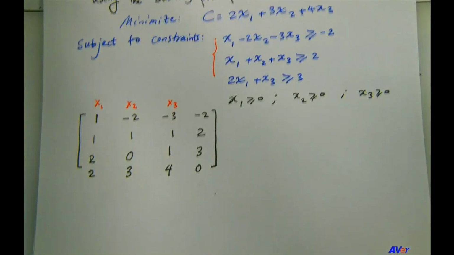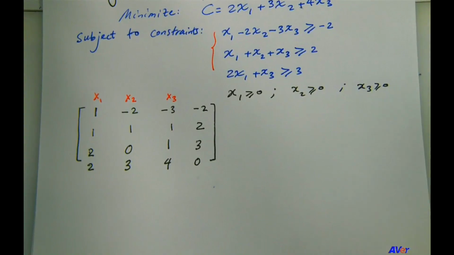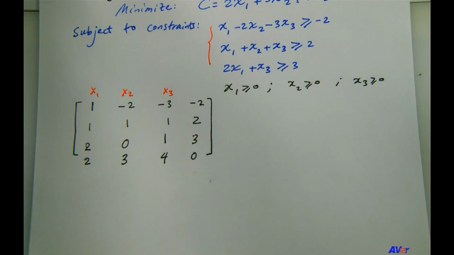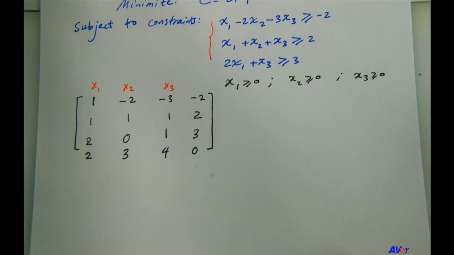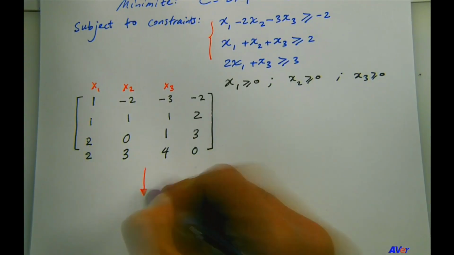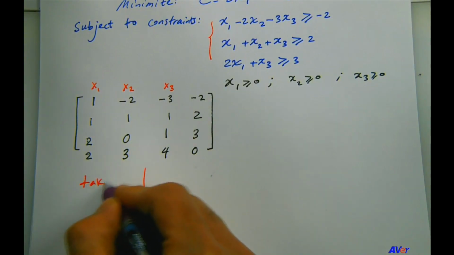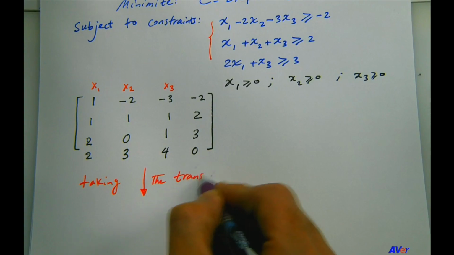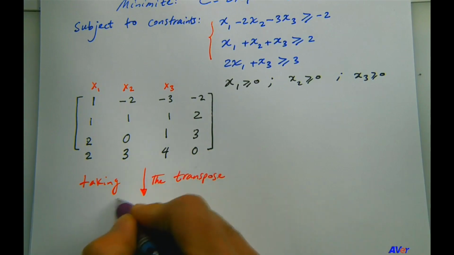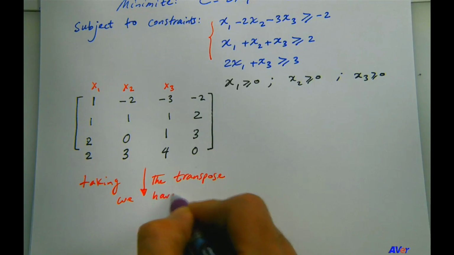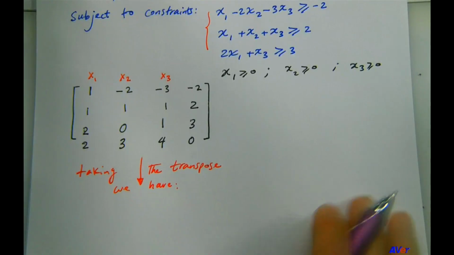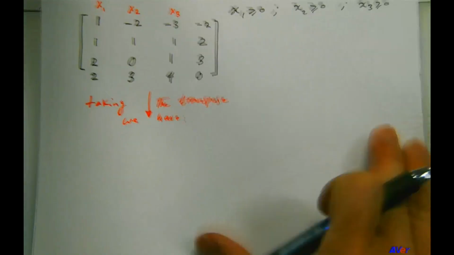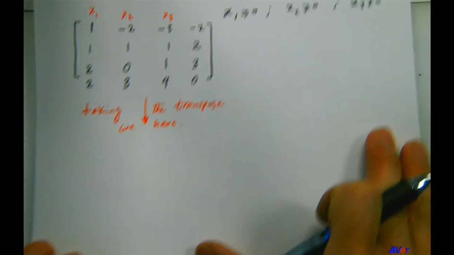so now as you saw in the previous examples, we have to take the transpose of this. So taking the transpose, we have the following matrix. Let me move this up a little bit, like that.